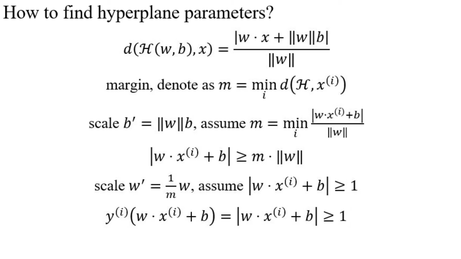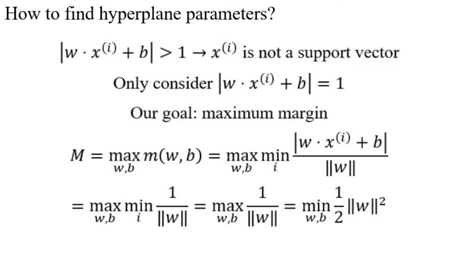Once again, through scaling, we can get that the absolute value of w.xi plus b is greater than or equal to 1. By our definition of yi, the absolute value of w.xi plus b is equal to yi times the quantity w.xi plus b. Support vectors are the data points xi such that the absolute value of w.xi plus b is equal to 1.